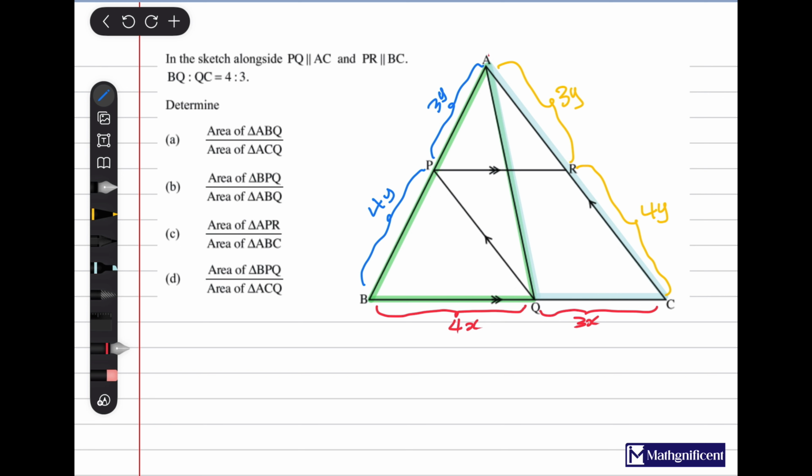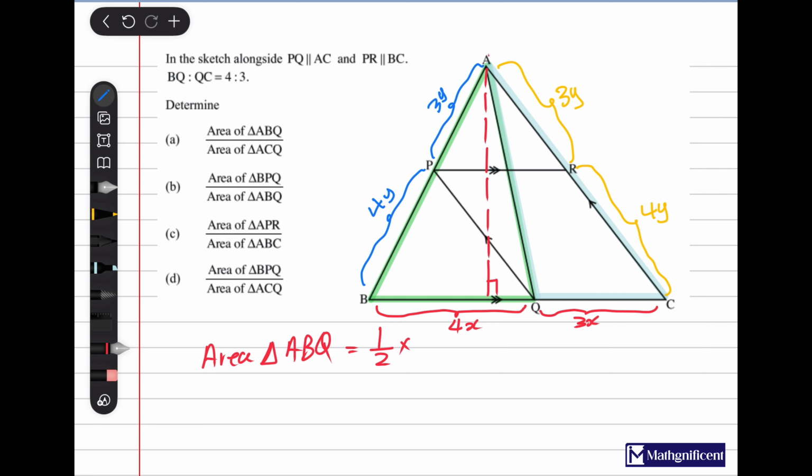In other words, the area of triangle ABQ is going to be calculated as half times the base times the height. We construct the perpendicular height from vertex A. This perpendicular height is a height, or an altitude, for triangle ABQ.